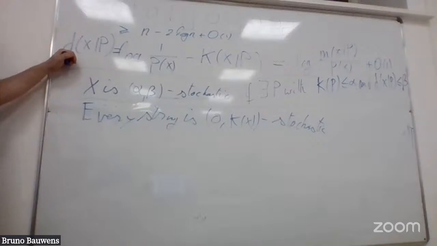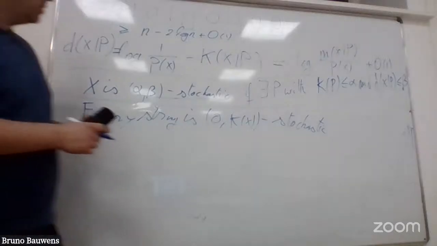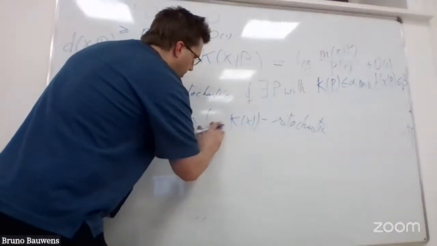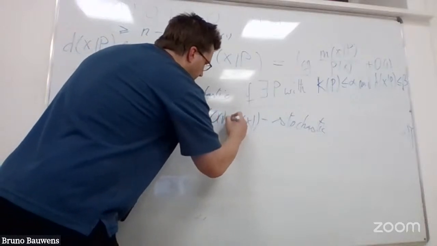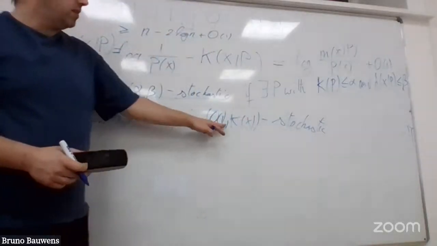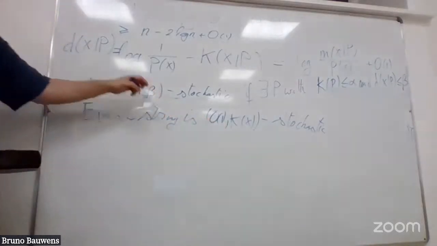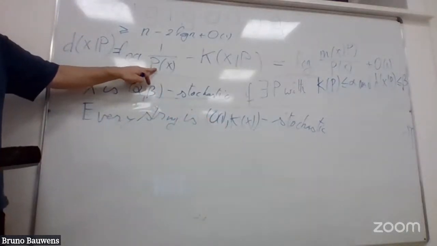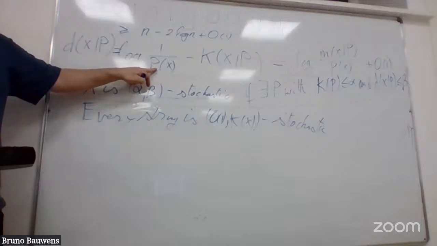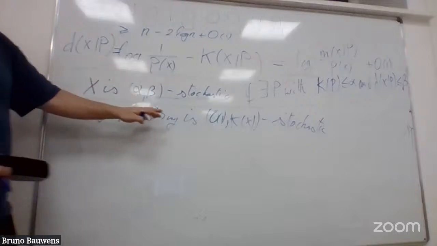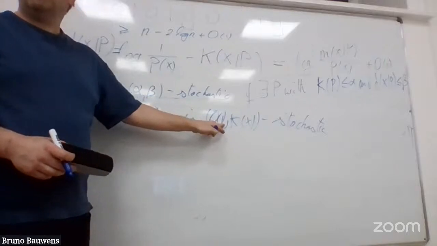But it's not so clear, here 0, I mean O of 1. If we only have a constant amount of bits to specify p of x, then it's not so clear how to do it. But if we make it a little bit bigger, then it is true.